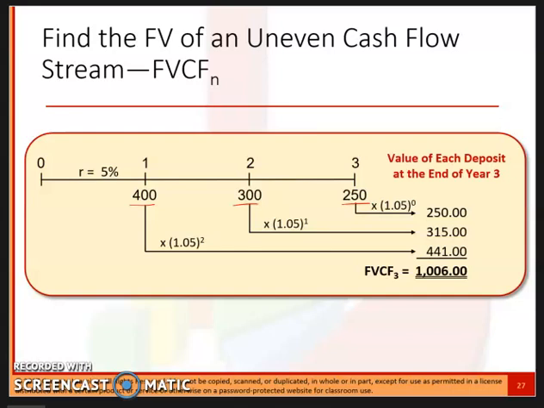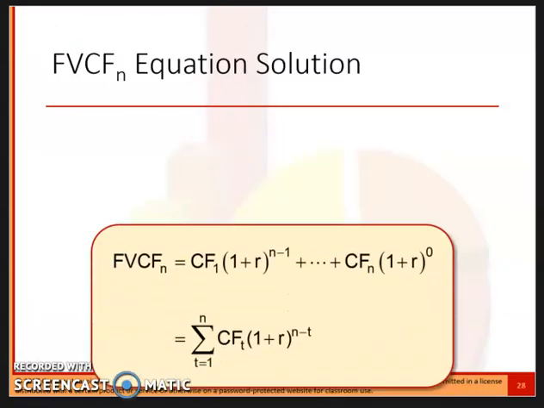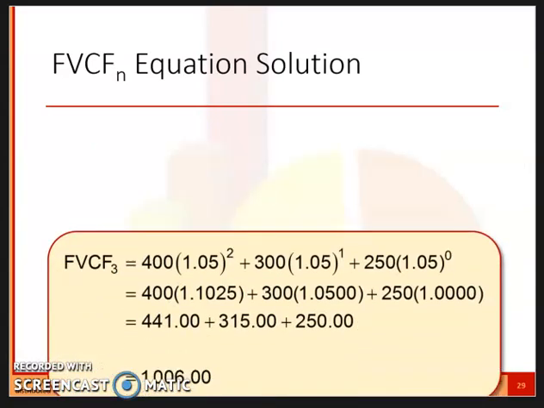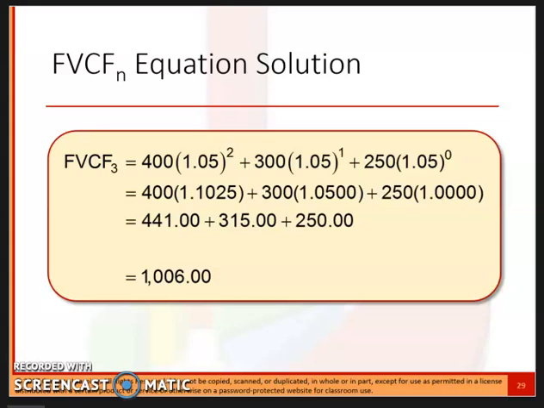So if we receive those payments at the end of the year, the future value of those cash flows is $1,006. There really isn't an equation solution. The solution is to calculate all of them individually: 400 times 1.05 squared, 300 times 1.05 to the first power, and then 250 times 1, so we get our $1,006.